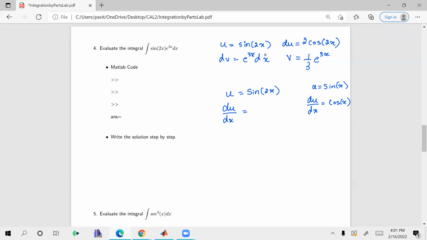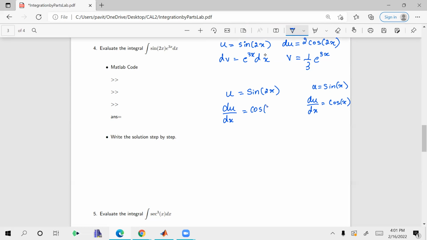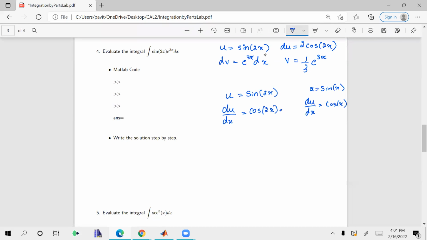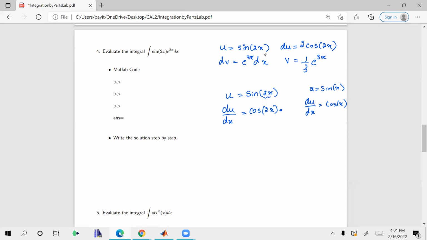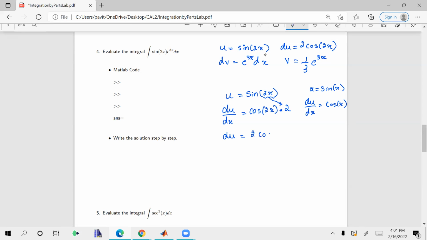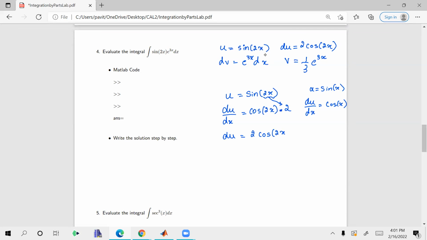What if you have sine of 2x? Then we get the same thing, cos of x, but this time with 2x in place of x. Along with this, you have to apply differentiation for 2x as well. The derivative of 2x is 2. That's how you get du equal to 2 cos of 2x dx.